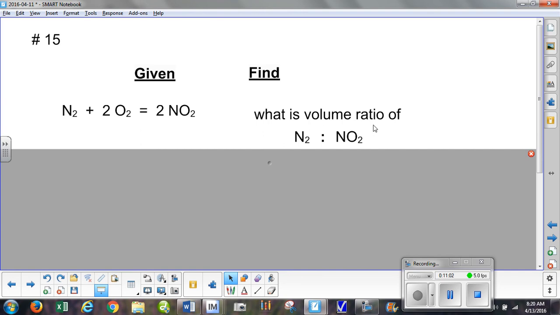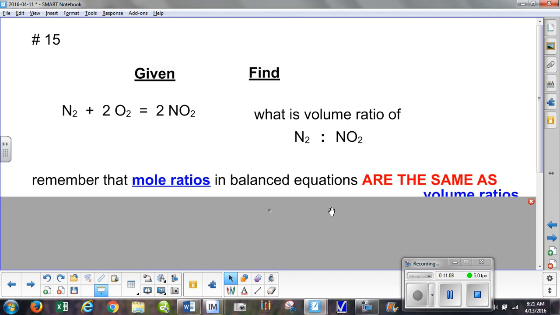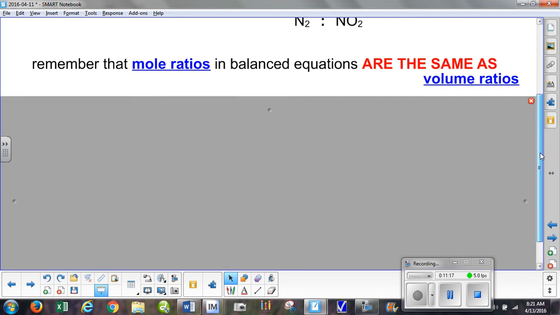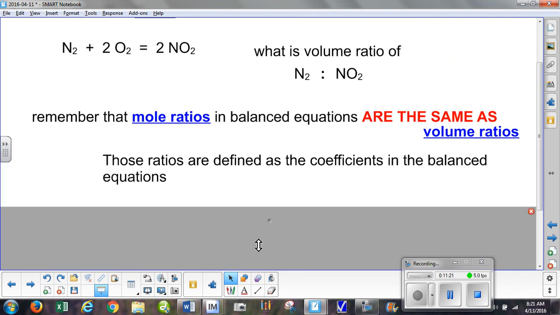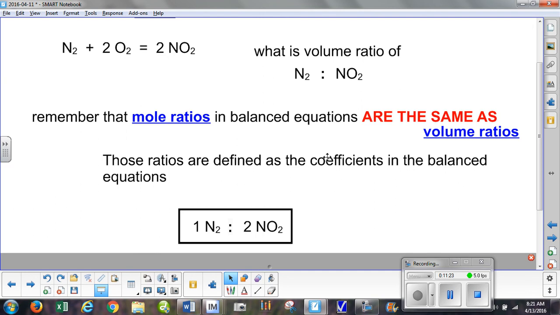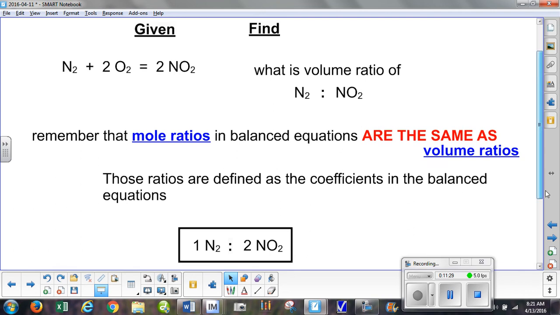What is the volume ratio of nitrogen to NO2? Yes, and it is the coefficients. Remember that mole ratios in the balanced equations are the same as volume ratios. That's only for gases. Only for gases. So these ratios are defined as the coefficients in the balanced equation. Okay? So this was pretty simple.